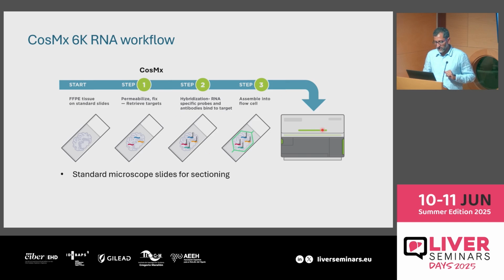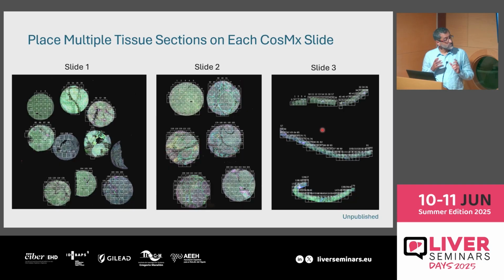Then you image it, and all of that is done in a fairly automated manner. You can't really control any of the parameters. As a technical tip, these are very expensive experiments, but it is possible to put multiple livers from multiple patients onto each slide. You can see we get 6 or 8 bits of liver on each slide, making it more cost effective in terms of data generation.